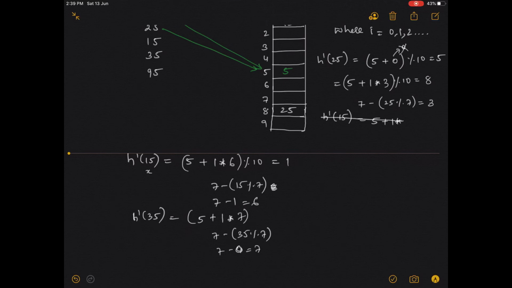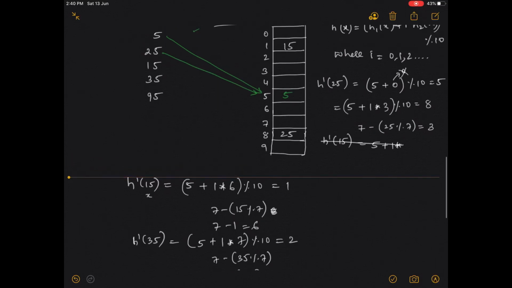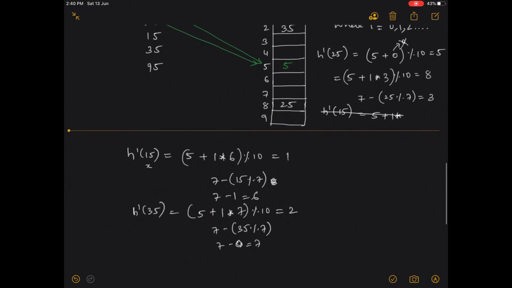So it is 7 mod 10, equal to 2. So in location 2, 35 is stored. I hope this is clear now.